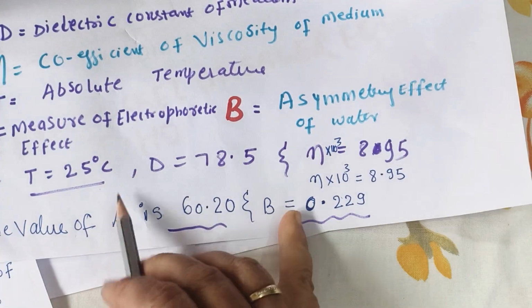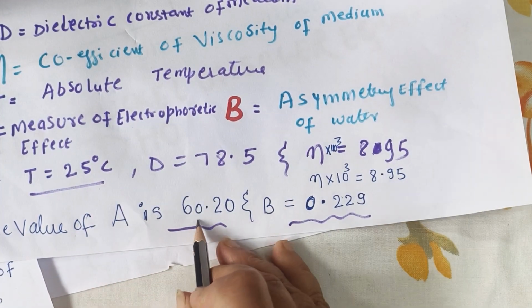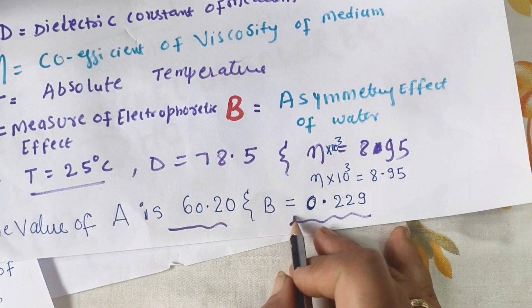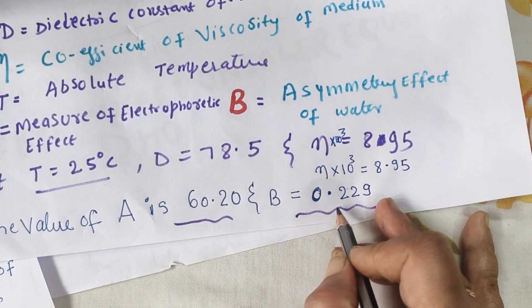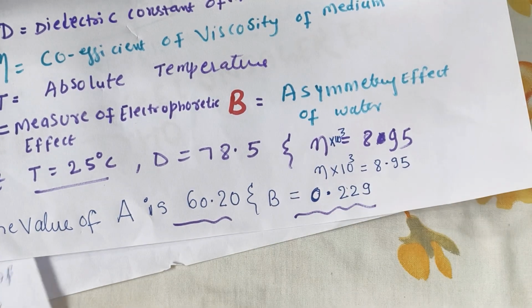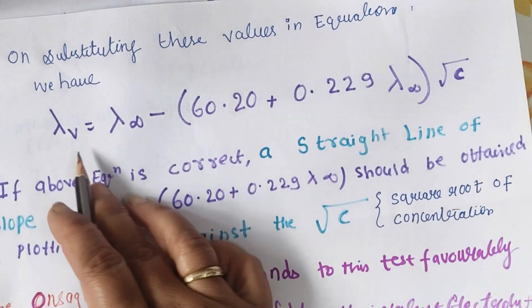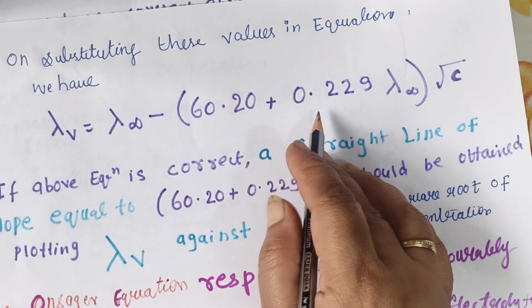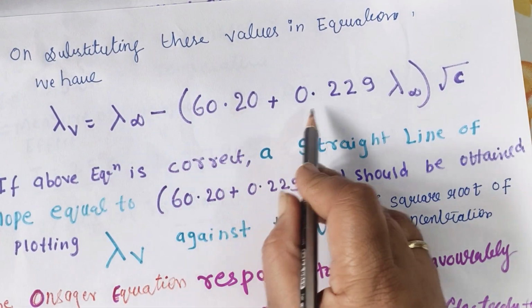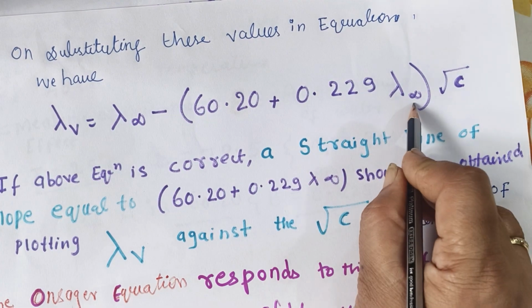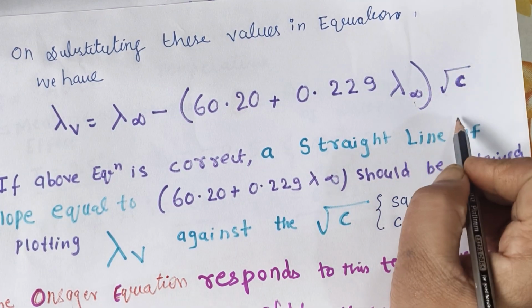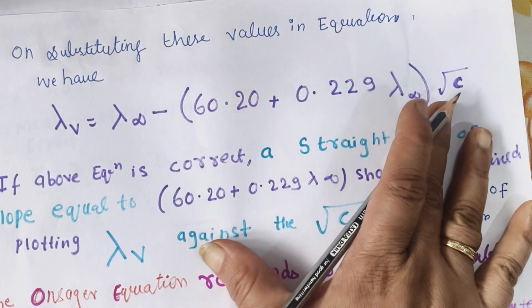We have the value of a as 60.20 and the value of b comes to be 0.229. So just by substituting the values of a and b here, 60.20 plus 0.229 lambda infinity under square root of c, we can verify the Onsager equation.